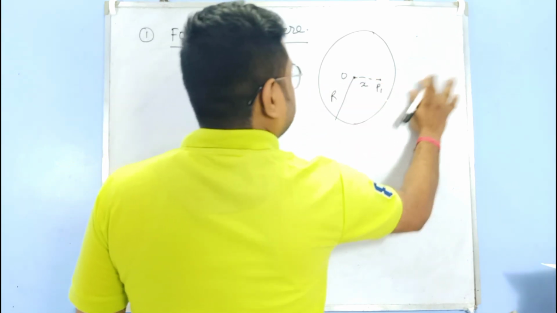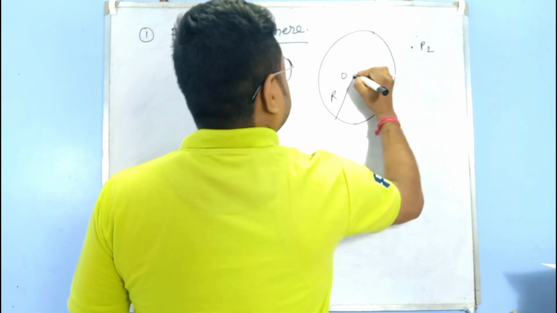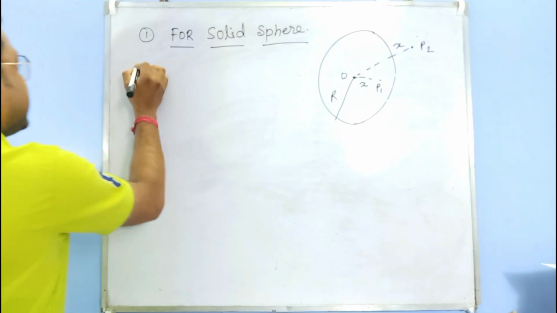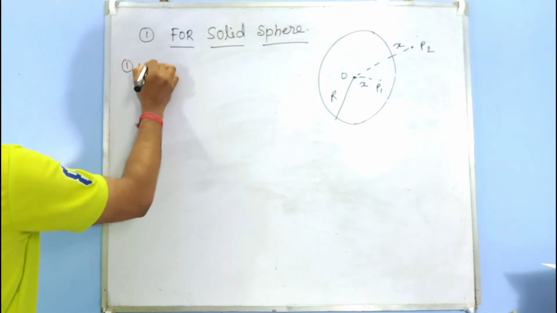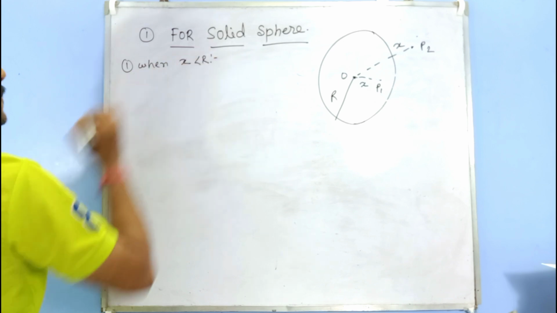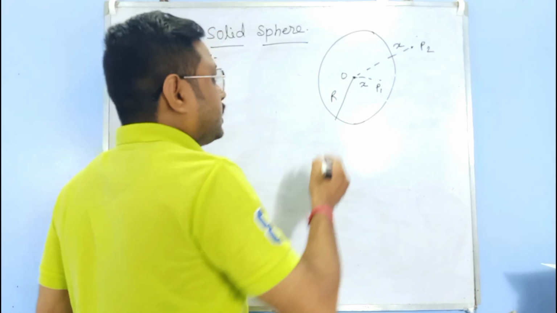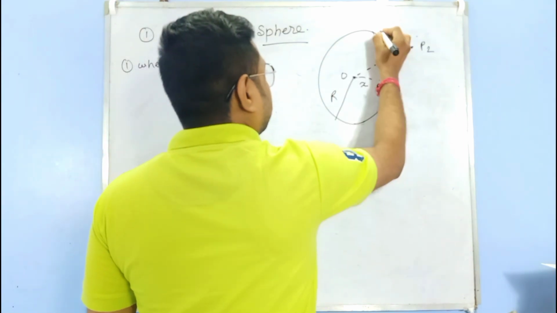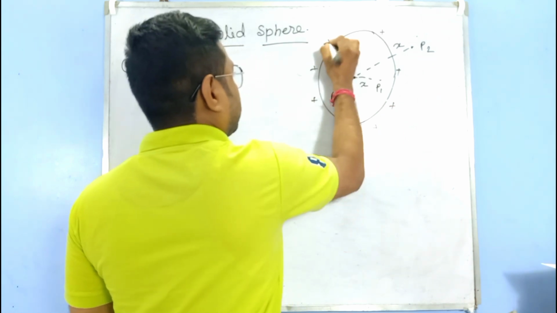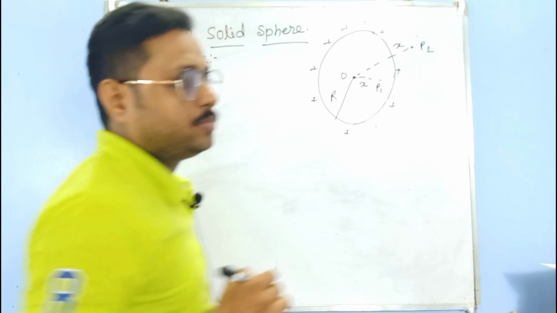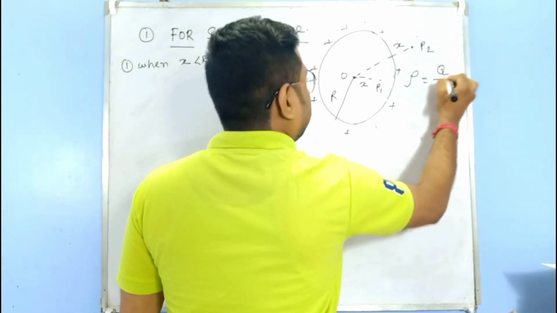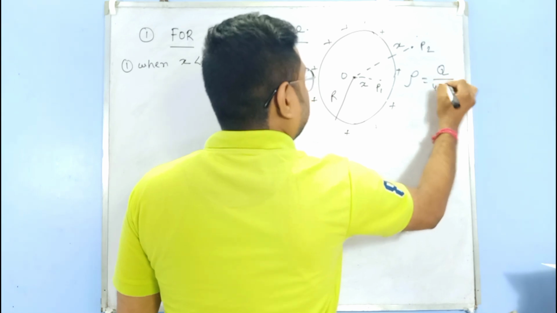So for the first case, when x is less than r, suppose Q is the total charge, and rho is the volume charge density, that is, rho is total charge divided by the volume, 4/3 pi r cube.